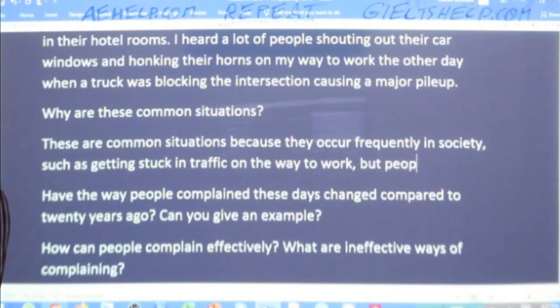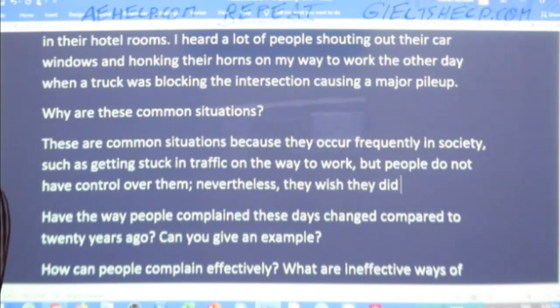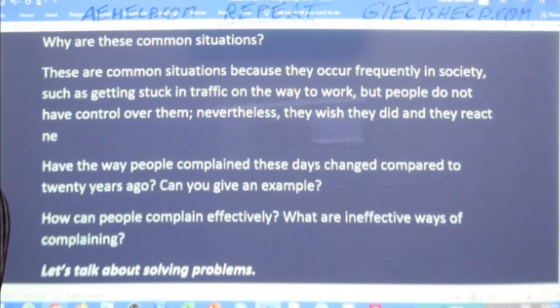But people do not have control over them. Nevertheless, they wish they did, and they react negatively.